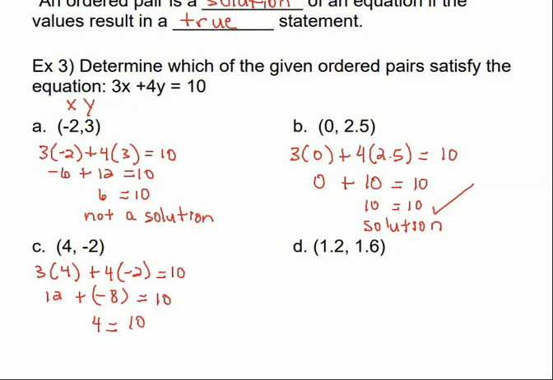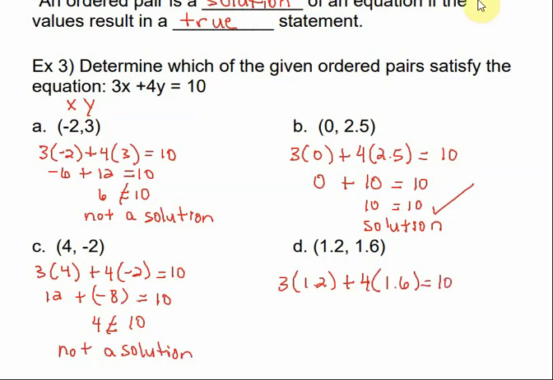And 4 does not equal 10. Put that here too. So this is not a solution. All right, let's try this last one. We're going to plug in 1.2 for x and 1.6 for y.